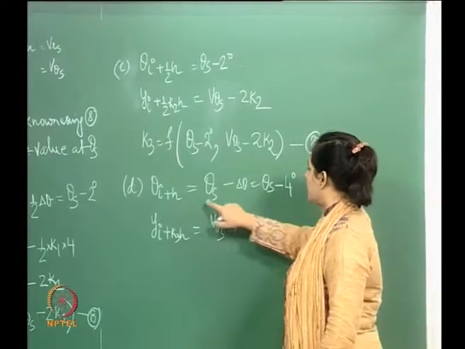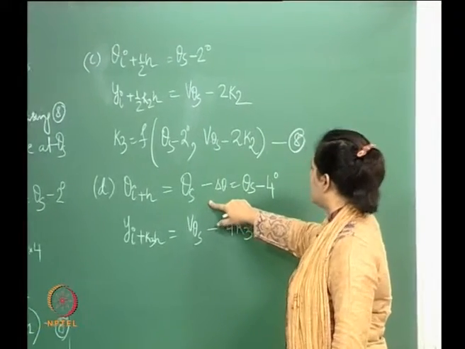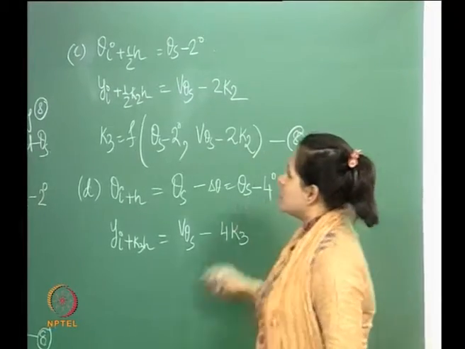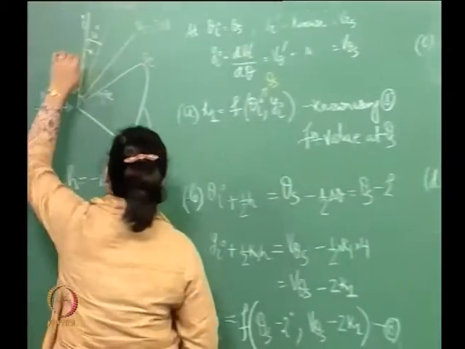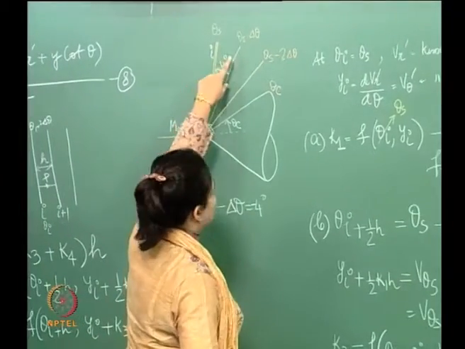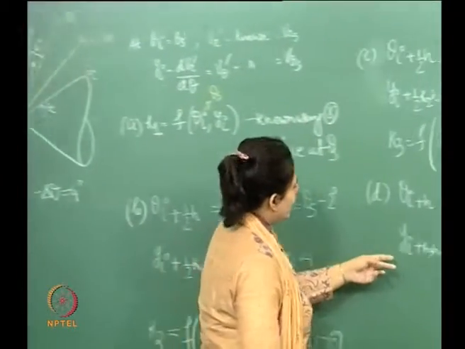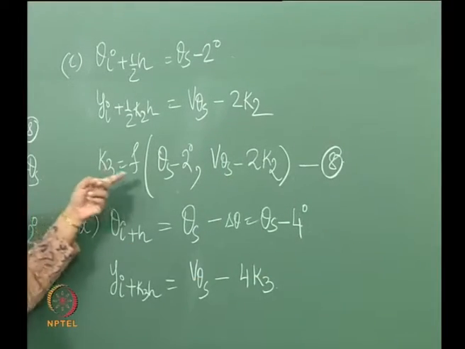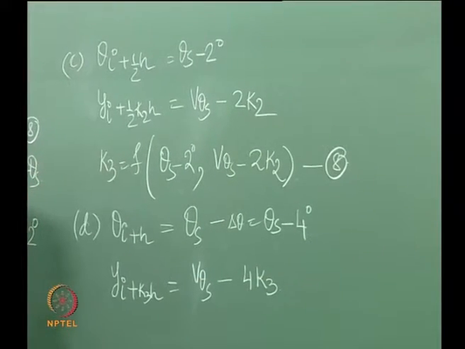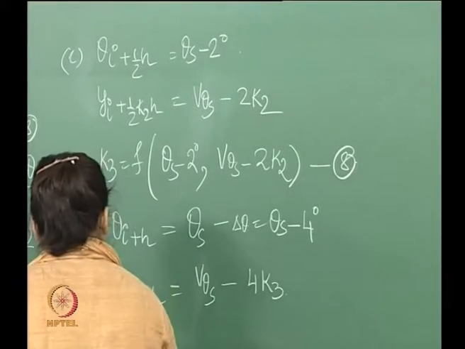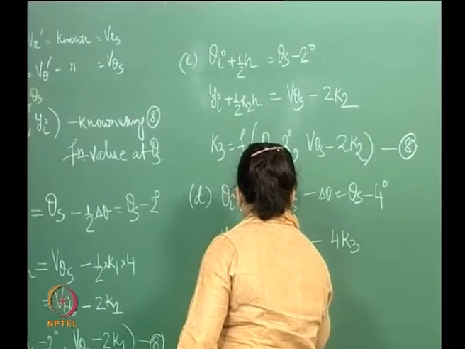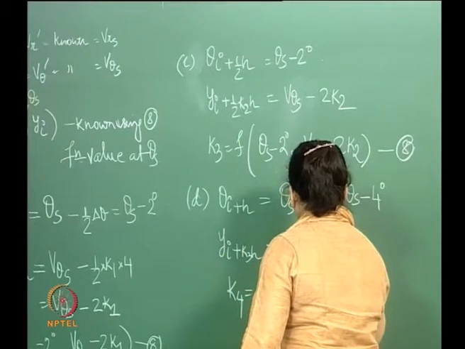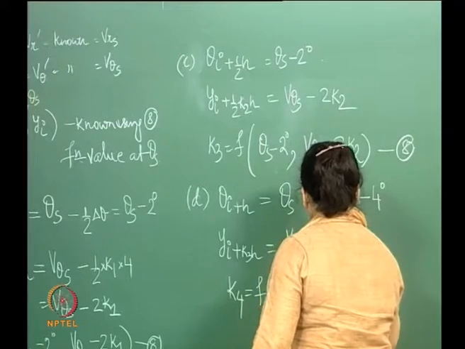So, theta is essentially theta s minus delta theta, which is this. Now, k4 is essentially this radial line, and the y out there is v theta s minus 4 of k3, which we have calculated earlier. So, k4 then again becomes the function at theta s minus 4 degrees.